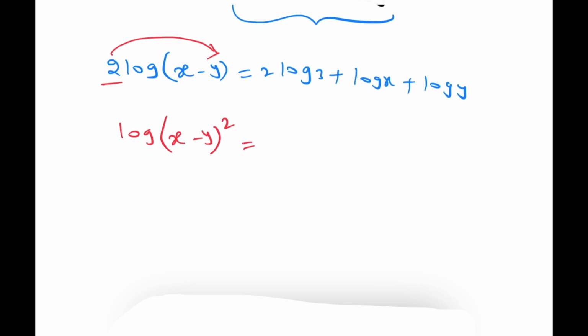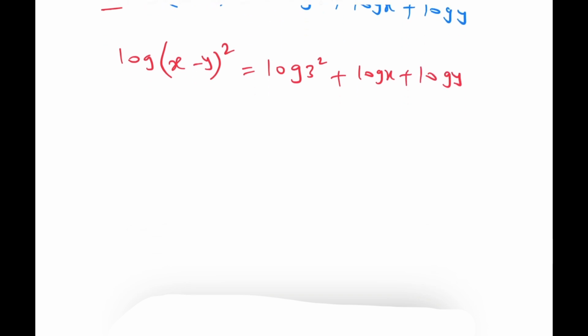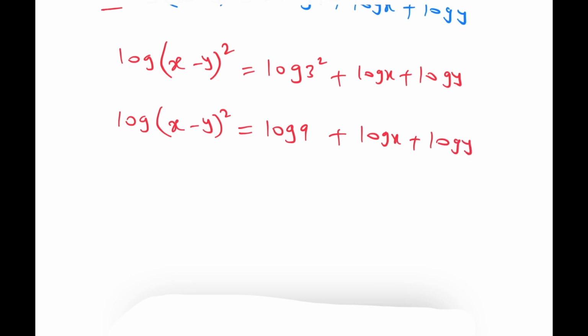Here also before the logarithm we have a number, now that will go as a power. So it will be like log 3 square plus, I am writing all the remaining as it is, log x plus log y. Now the left side already has the logarithm completely to the left, so I need not worry about the left side part. I am writing it as it is, log of x minus y whole square equals log 3 square, which is 9, plus log x as it is plus log y as it is.